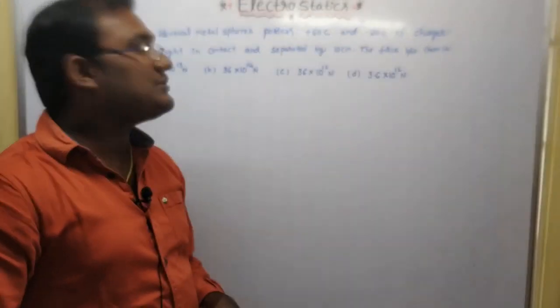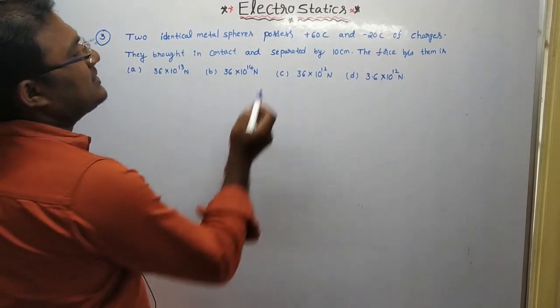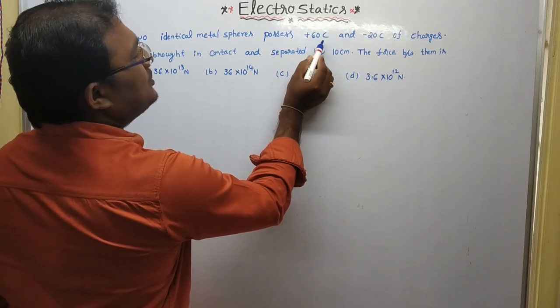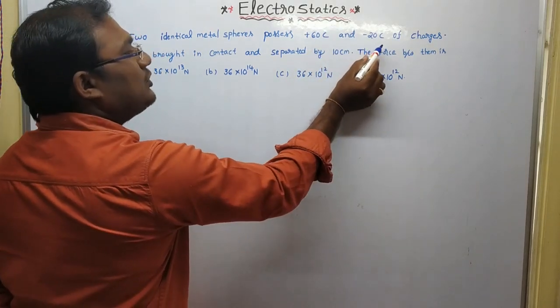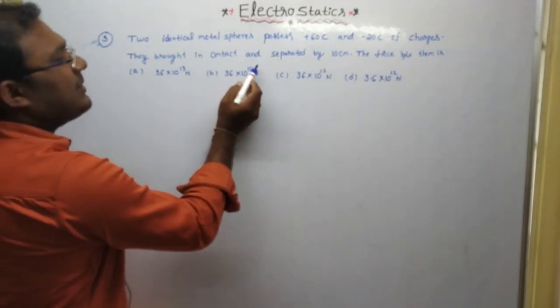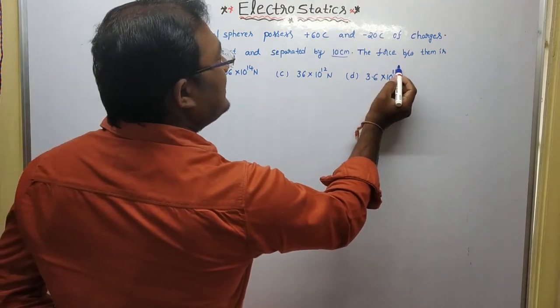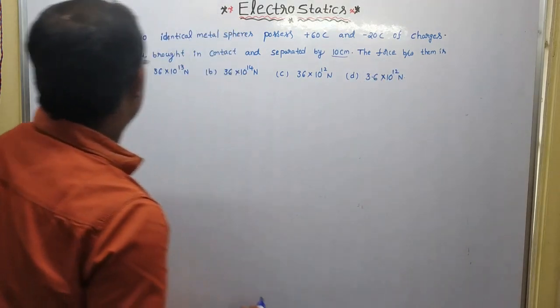Here the next question is: two identical metal spheres possess 60 coulombs and minus 20 coulombs. They are brought in contact and separated by a distance of 10 centimeters. Then the force between them is.